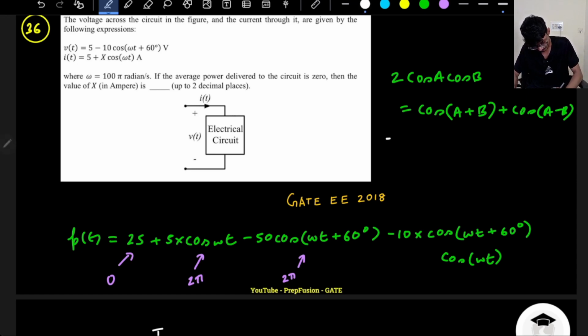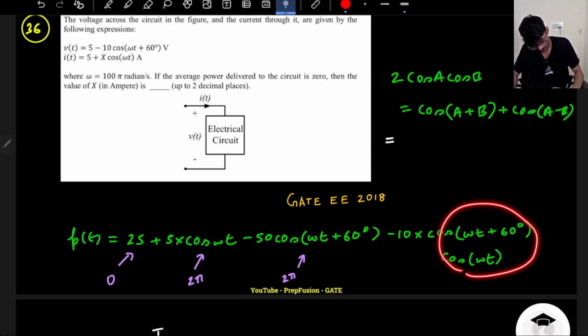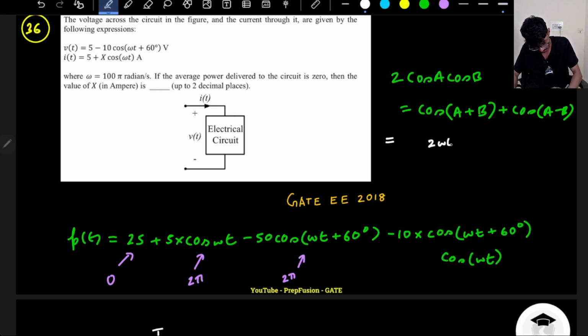Basically, A plus B is 2 omega t plus 60, and A minus B is 60 degrees only.